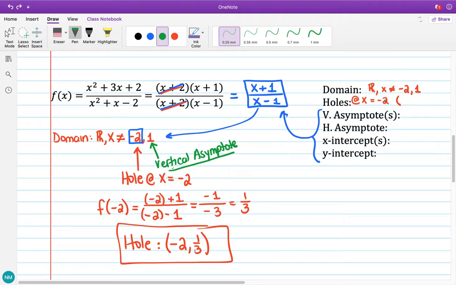But now that we have a hole, yes, x equals 1 is my vertical asymptote, but -2, 1/3 is my hole because it's a removable discontinuity.